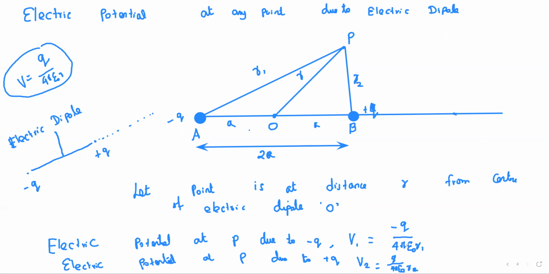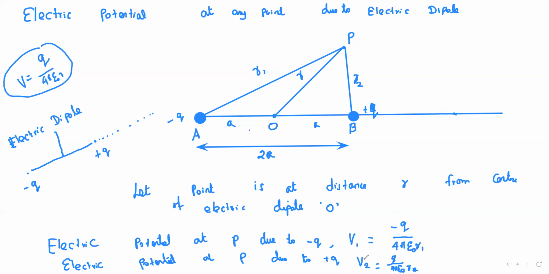We have to resolve the force. We can't simply add. If the two forces are in the same direction, either we can add or subtract. If the two forces are in different directions, then we should resolve that. So here it is not the case.